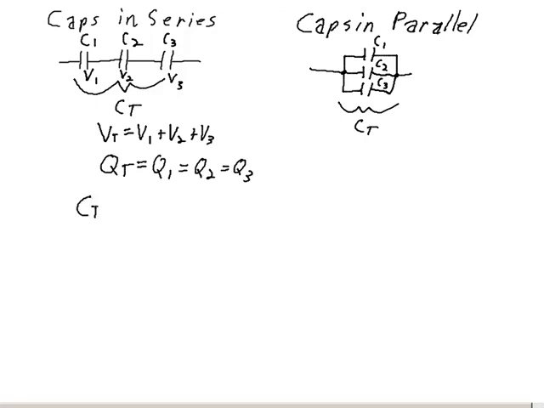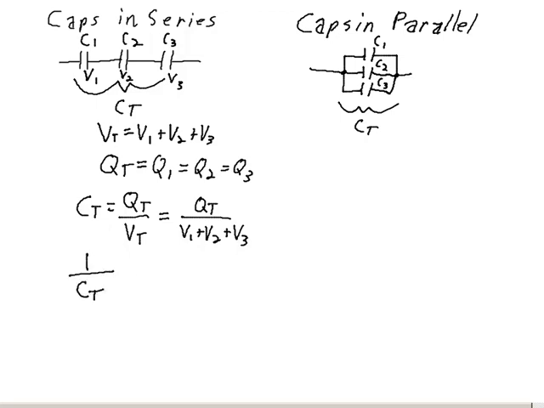So from the definition, the total capacitance across this whole thing is going to be equal to however much charge we've been able to build up on it for the given amount of voltage that's across it. Well, we know that the total voltage is equal to V1 plus V2 plus V3. And now we'll just do a little bit of trickiness in algebra.